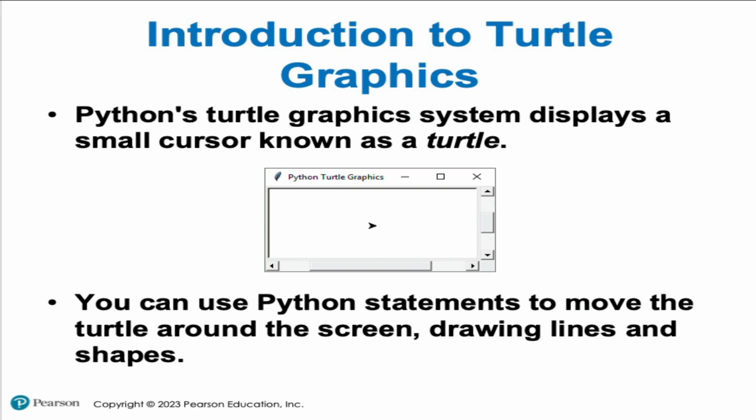So it starts out in the middle of the window, coordinates 0, 0, with the orientation being 0 degrees, which again is to the right. Now there are a lot of statements or functions related to turtle graphics that you can use to draw lines, draw shapes, put text on the screen, etc.